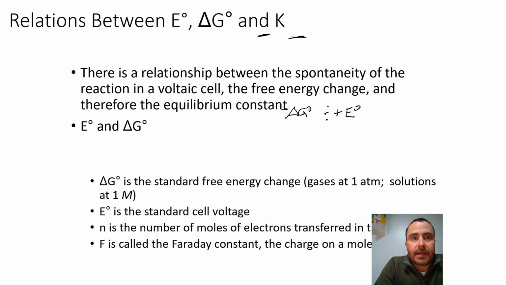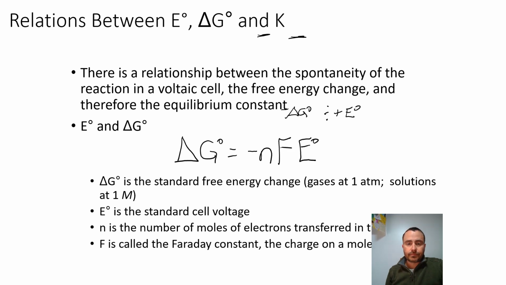And so what we find is that we have a relationship between those two where our delta G naught is equal to negative N F E naught. So our delta G naught is just the standard free energy. We've calculated that in our thermodynamics chapter previously to this one.